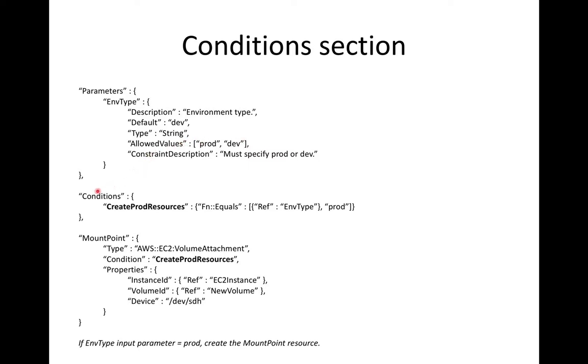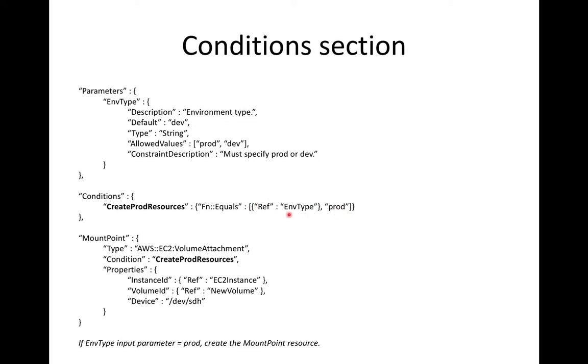And then we define in a conditions section of the template a condition called CreateProdResources. And the value of CreateProdResources depends on the output of this Equals function. What this Equals function is doing is it's checking to see if the environment type is prod.